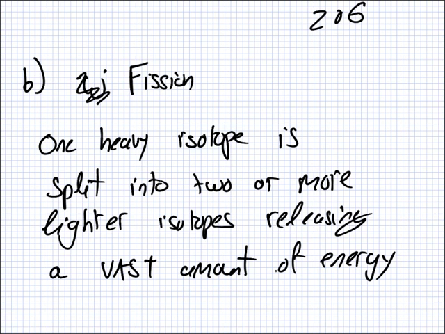Vast meaning a huge amount of energy. So you take one heavy isotope, split it into two or more lighter isotopes, and you get lots of energy in the process. That is fission.